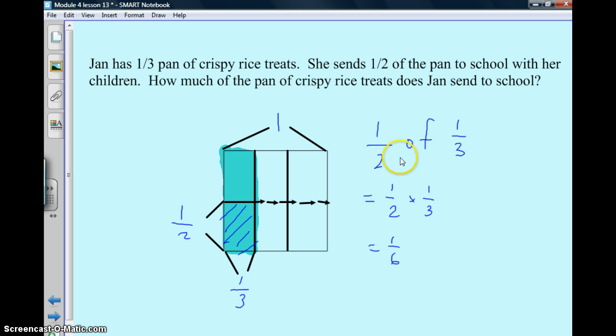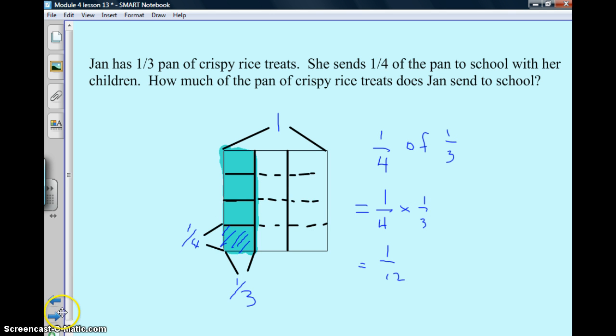So 1/2 of 1/3 is 1/2 times 1/3, which is 1/6, because 1 times 1 is 1 and 2 times 3 is 6. Okay, so that's really all there is to it. I'm showing you the model so it's clear and you understand it in your head. And then I'm just doing the algorithm and the straight computation.